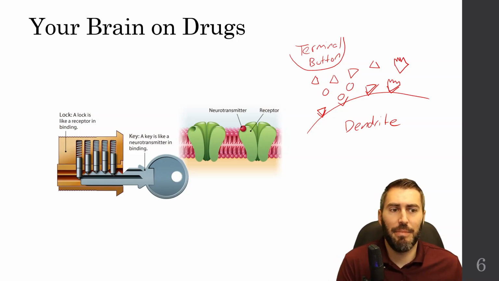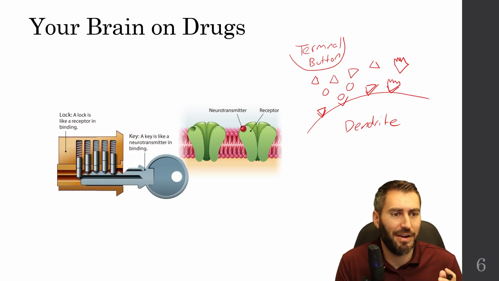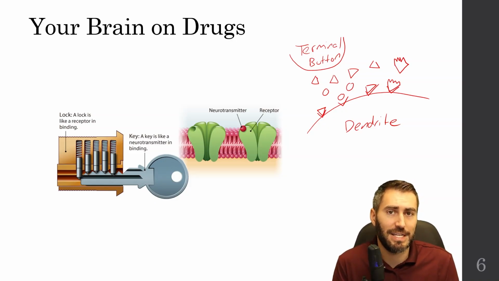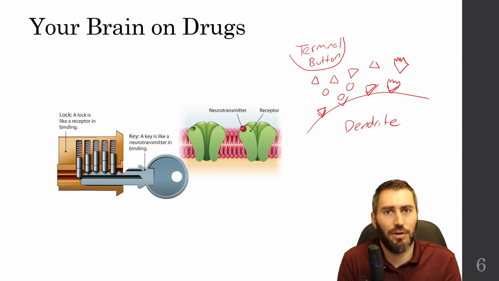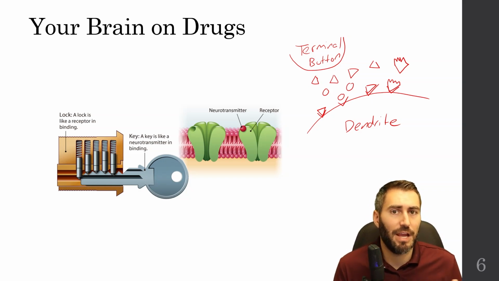So it can mimic some pairing, but also block the ability for the real neurotransmitters to bind, which changes, again, that type of signal being sent. Again, I don't want to get too far into this. There are lots of different types of drugs that act in different ways, but I find it really interesting to understand how neurotransmitters work in this way and see how we can mimic and alter and change this process through these different types of chemical agents.